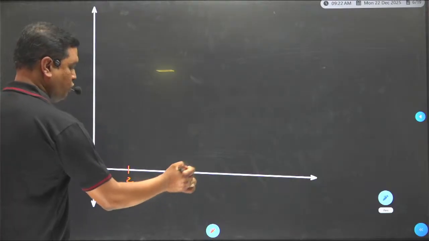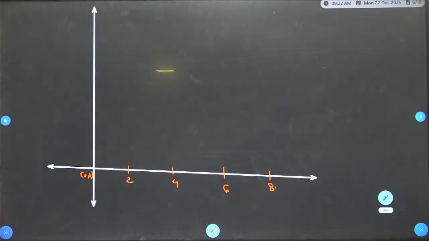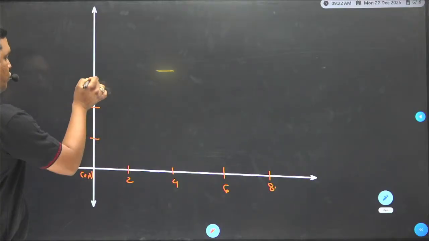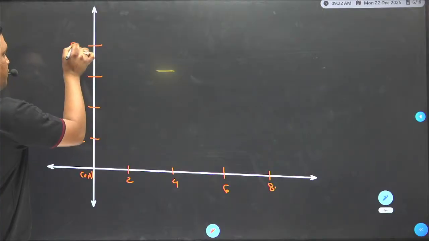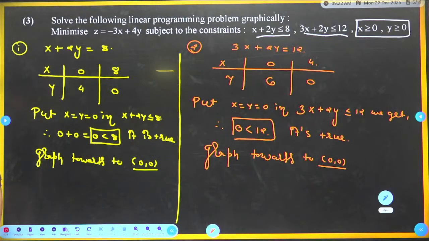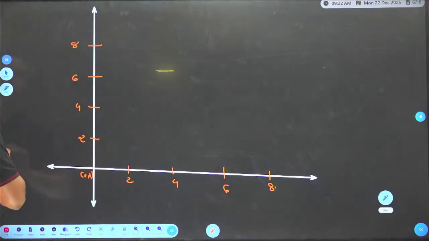Then 2, 4, 6, 8, a gap of 2, and the same on the y-axis. Okay, first graph. Next one is what? 0, 4 and 8, 0. X is 8, y is 4.